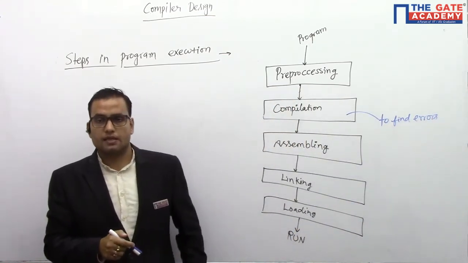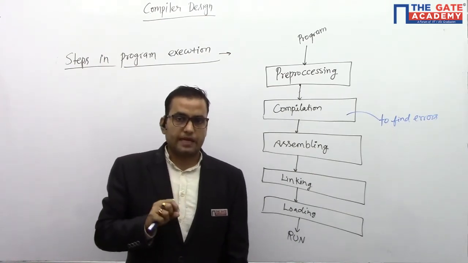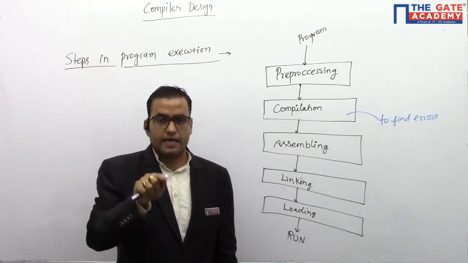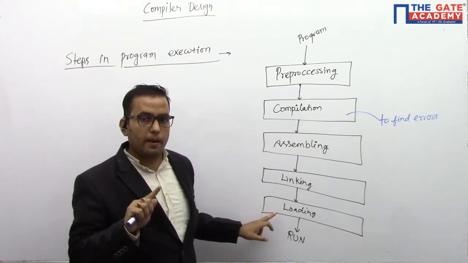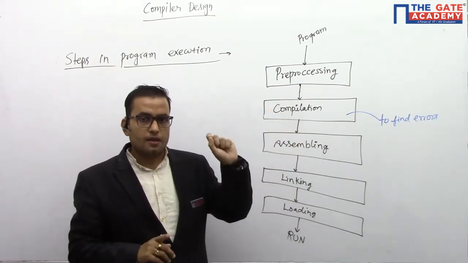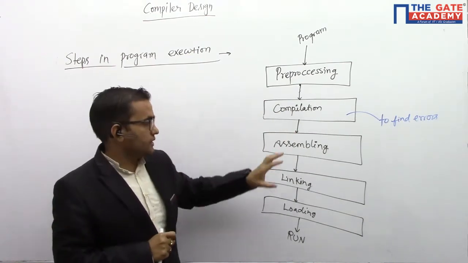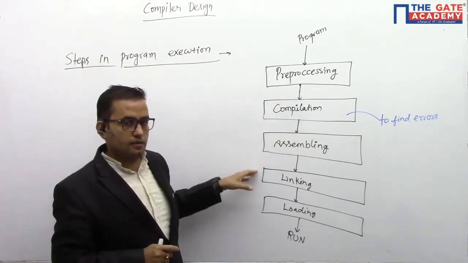But practically, when you press the compile button on your IDE, it performs all these steps, and you think compiler is doing all these things. It is not correct. Compiler is just one part of program execution, so its duty is only to find errors.